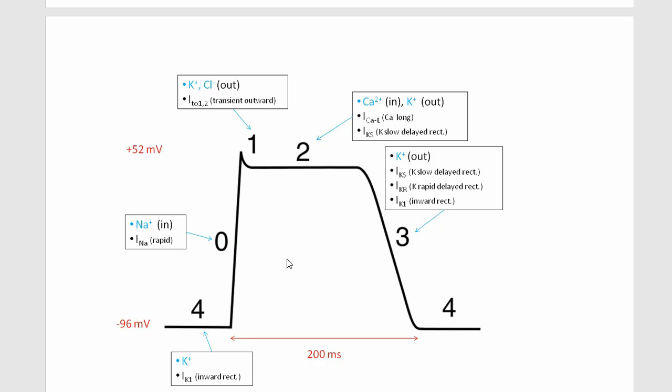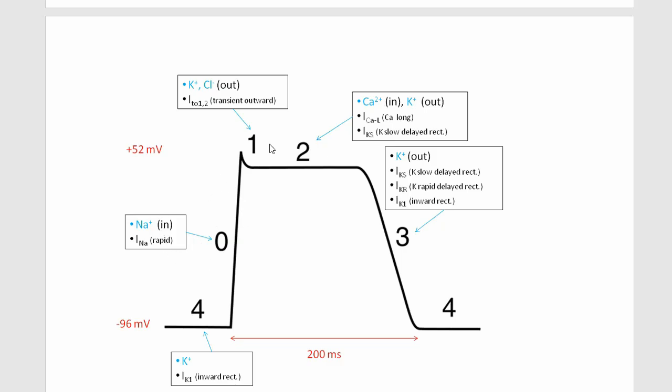This efflux of potassium ions helps to counterbalance the sodium influx, and this helps to contribute to the initial repolarization and termination of the depolarization phase. The role they play is small, so a lot of textbooks do only refer to sodium, but it's important to remember that potassium is slightly implicated in this phase.